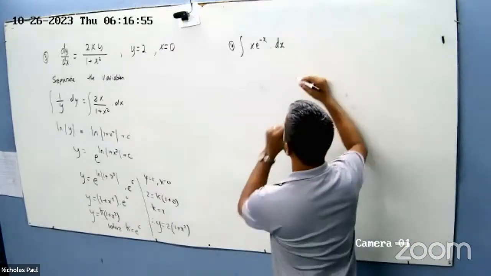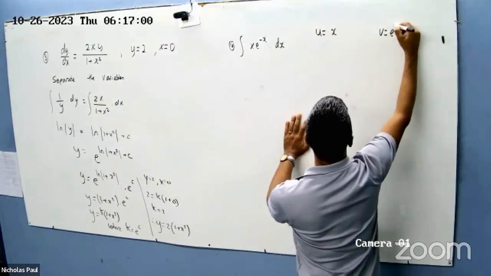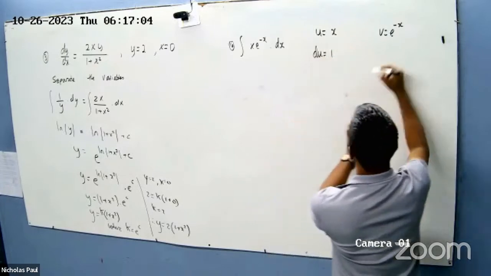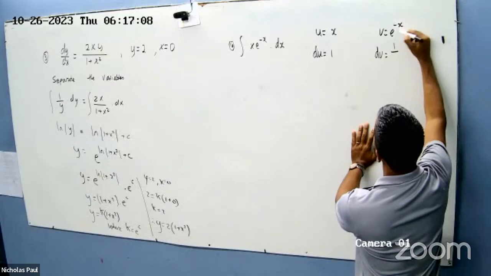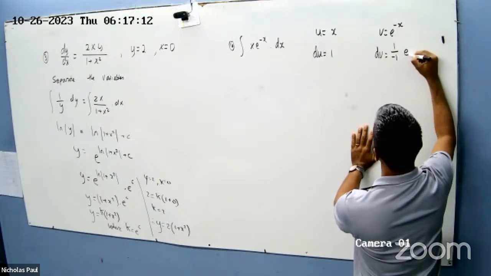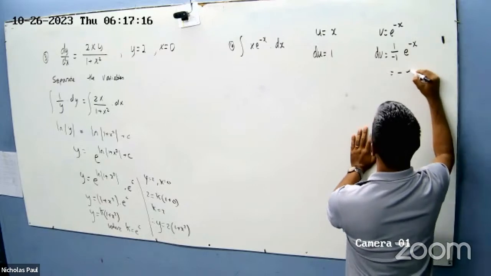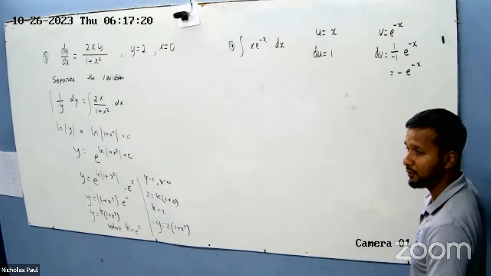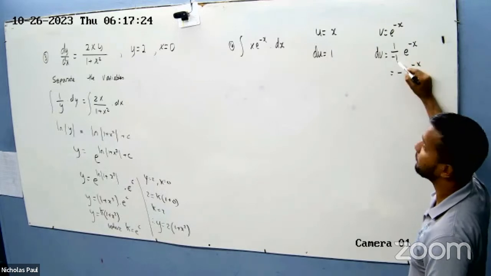Right, so here you'll pick u as x and v as e to the minus x. So du is 1, and how do we integrate this? 1 over the differential of minus x, which is minus 1, and then you write back e to the minus x. So it's the same as e to the minus x. That's okay? So it's 1 over the differential power.